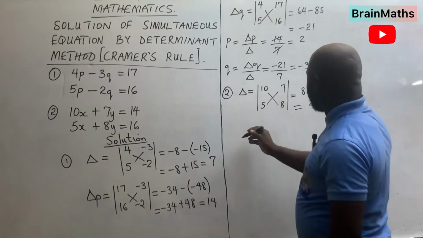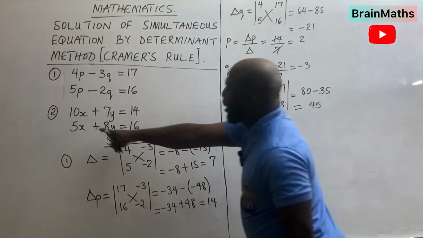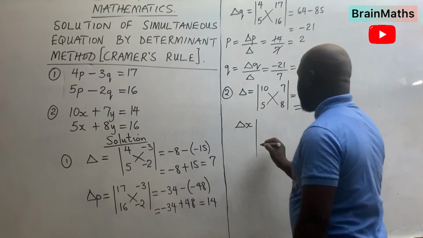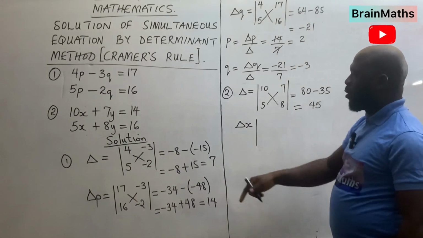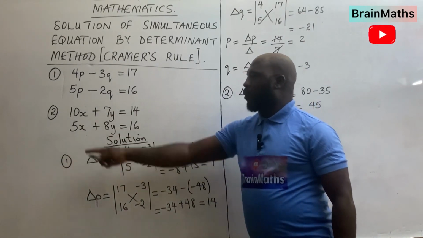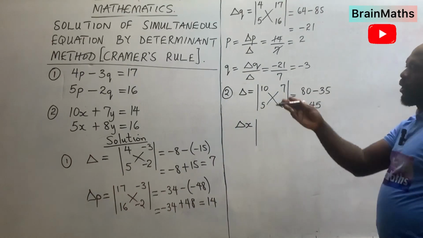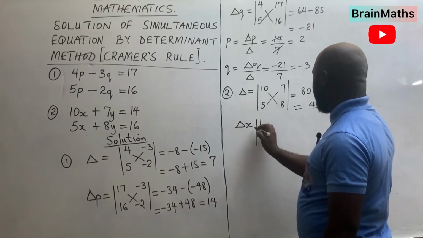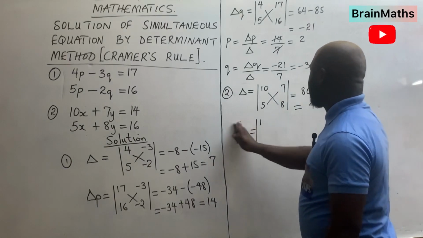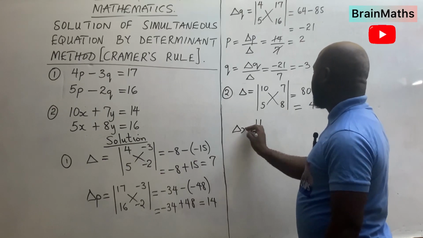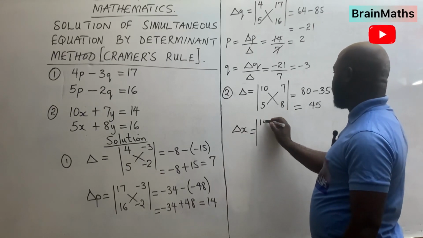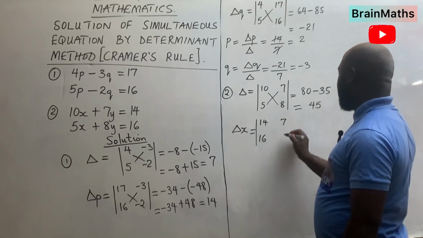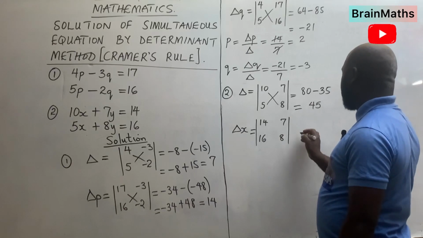So the next thing is to find the determinant of x. To get the determinant of x, we are going to do away with the values of x and then replace them with the constants outside. So we have 14, 16, 7, and 8.